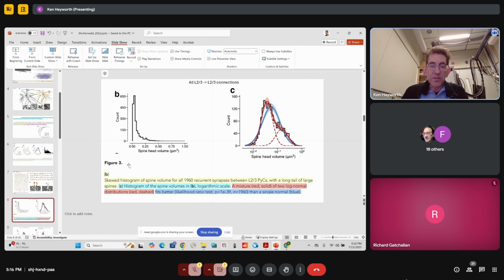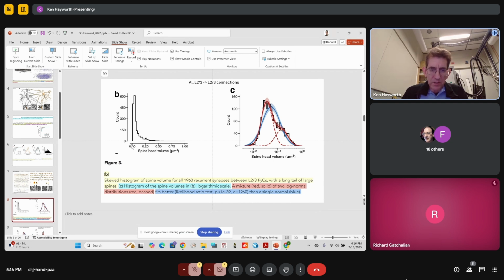If we look at Figure 3 now, they show the histogram of spine volume counts versus the counts of particular spines in cubic microns. There is a long tail.